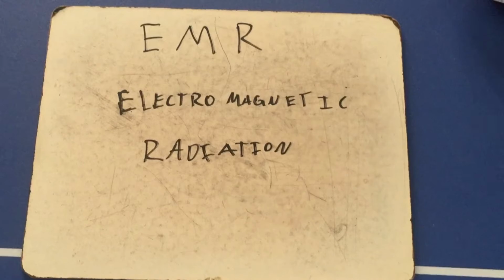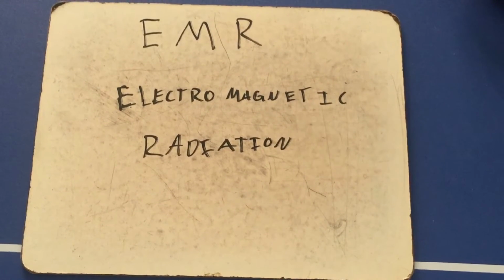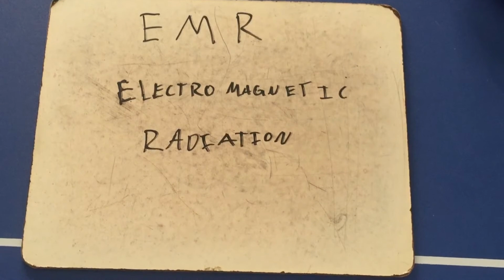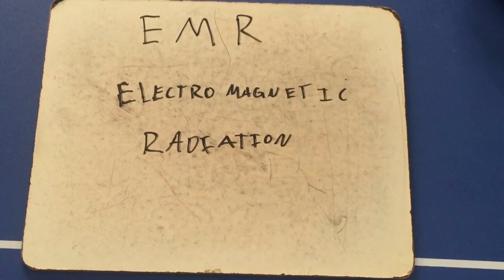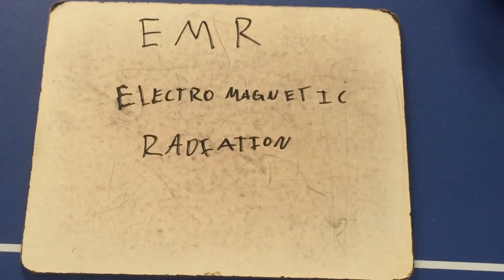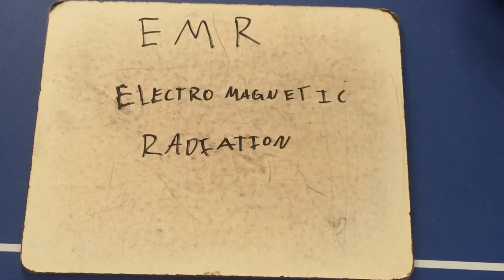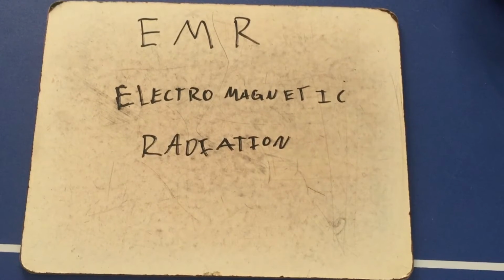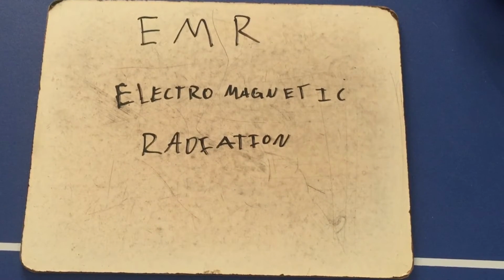Okay, before we dive into exactly how a radar works, we need to talk about the fundamental particles and electromagnetic radiation that is emitted from certain electromagnetic processes. Visible light is one form, X-rays, radio waves, these are all types of electromagnetic radiation.